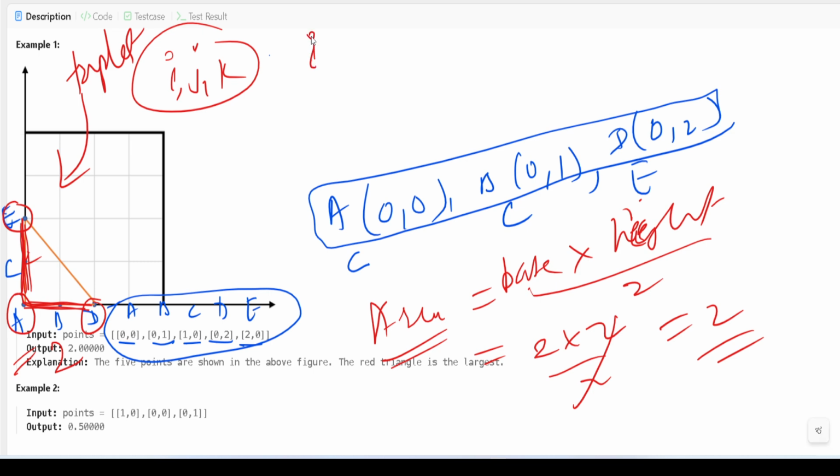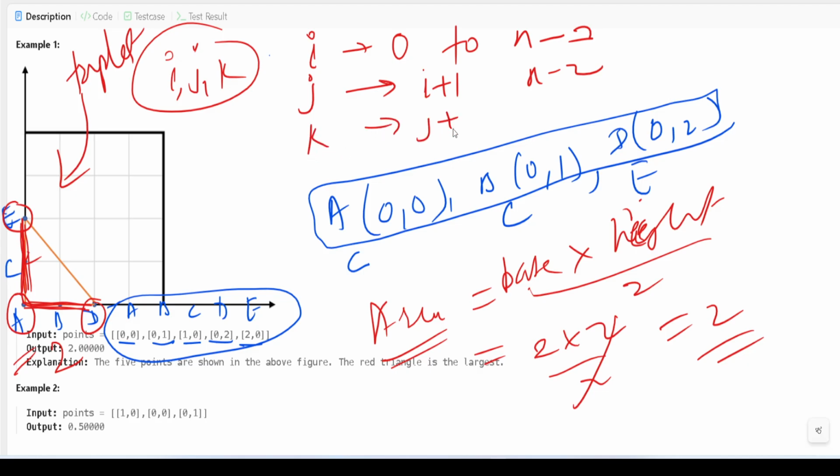So I, let's suppose, should go up to n minus 3, then j should start from I plus 1 and go to n minus 2. Then k will go from j plus 1 until n minus 1, right?